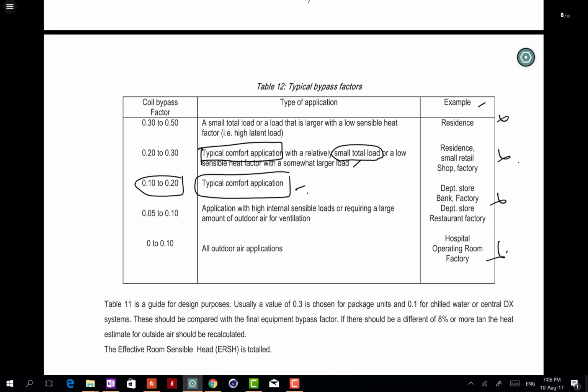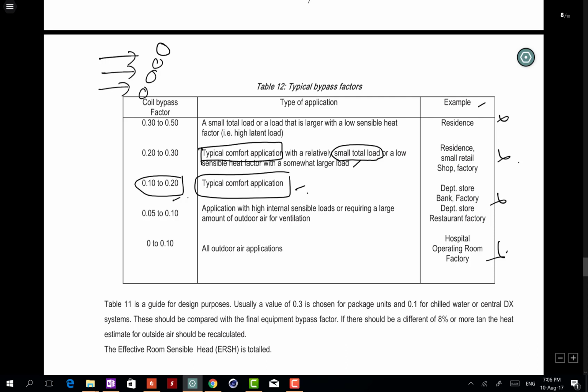Okay, in our case, we will use the maximum value because it means we will play safe with our design. So bypass factor basically is this: this is our coil and this is your air passing through.